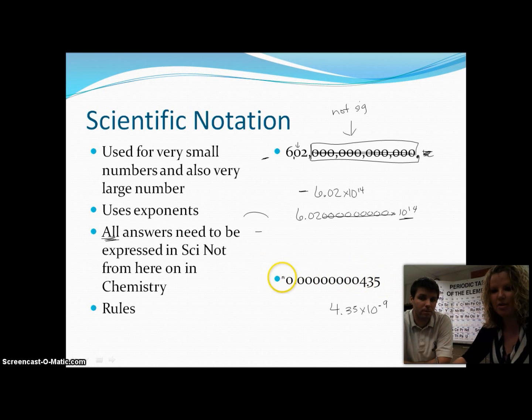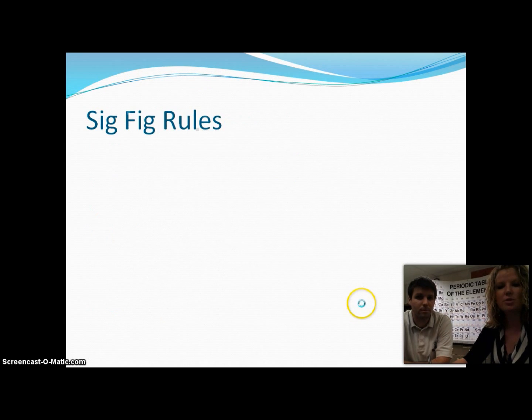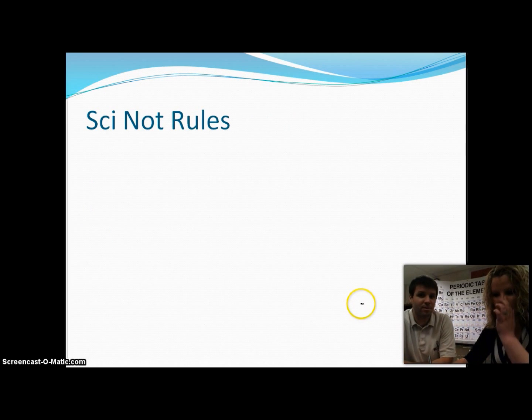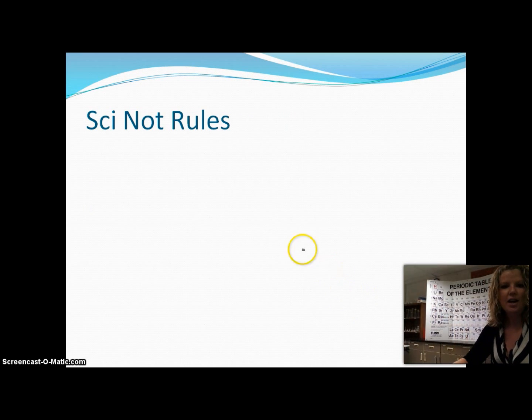Now, if there was a number out in front, like 10.0000435, then all of these would be significant. But for this problem, without the 10, there's just 3 sig figs. That make sense?